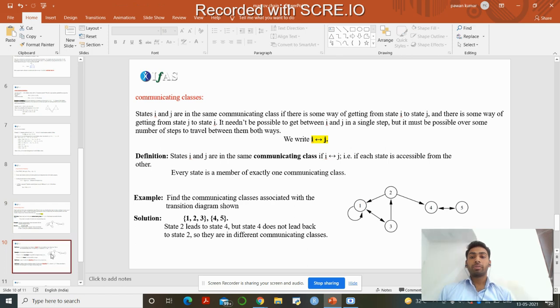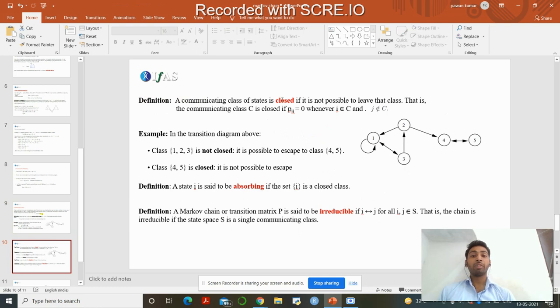Now we introduce another notion: a communicating class of states is closed when it is not possible to leave that class. The communicating class C is called closed if p_ij is equal to 0, where i belongs to C and j does not belong to C. Meaning it is not possible to leave. If we see 4 and 5, we can't leave 4 and 5.